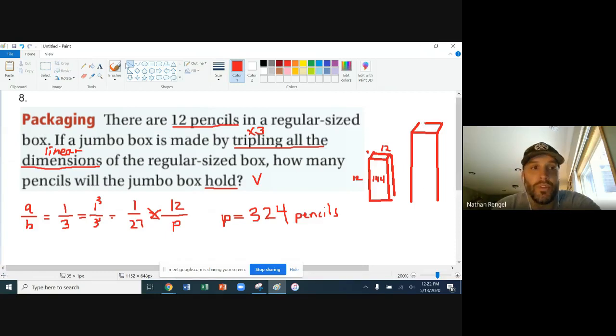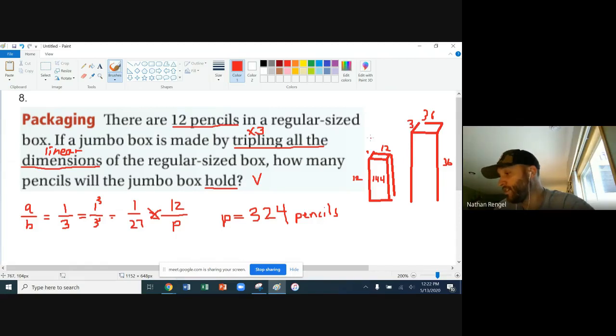If I triple my box now, I've got a 36 by 36, and then my depth now is going to be 3, which gives me 36 times 36 times 3.